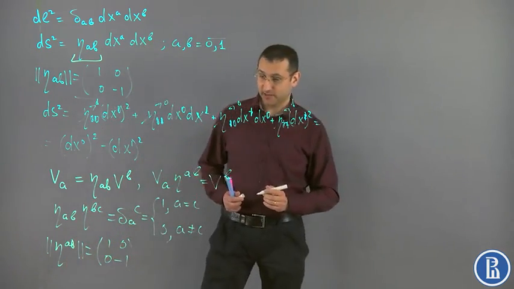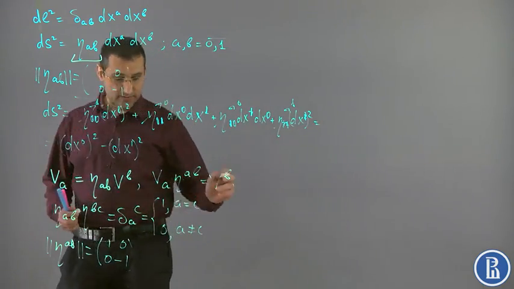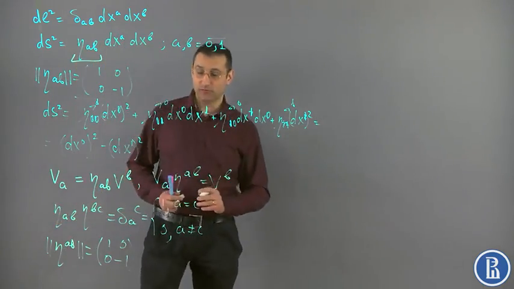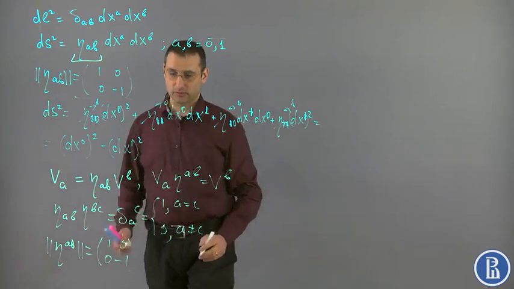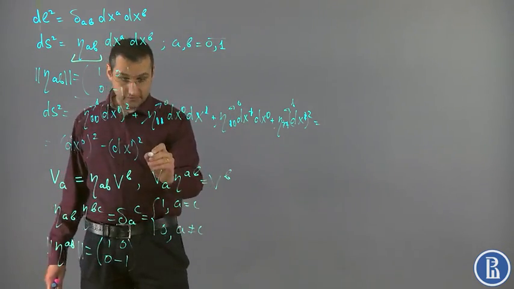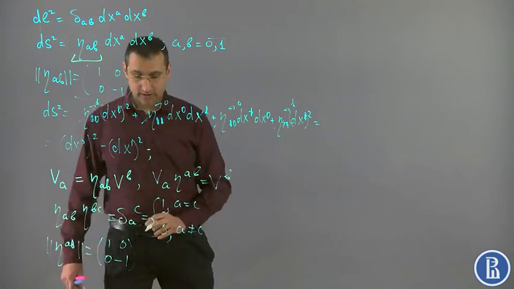So this is the rule for raising and lowering indices of any tensor, not only of vectors. But there is a crucial difference now.